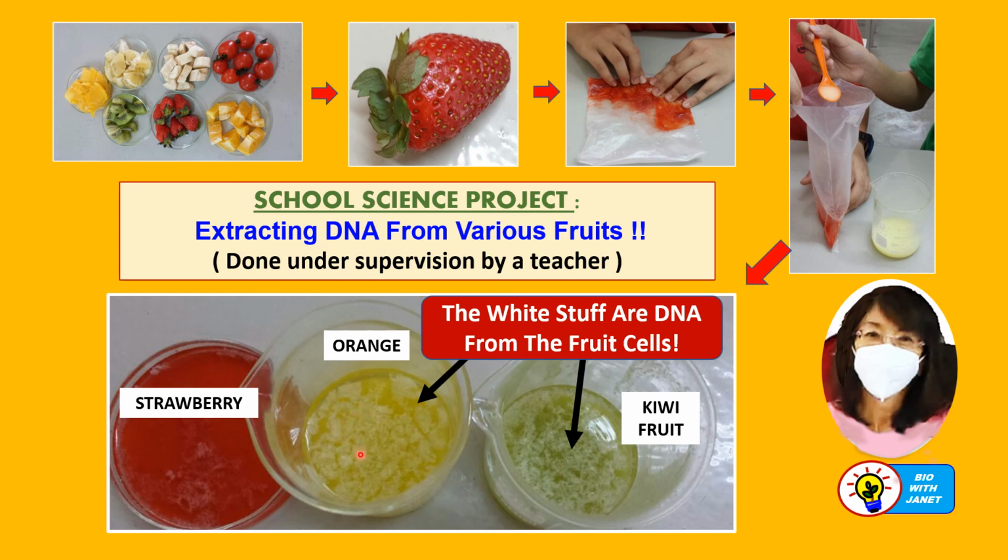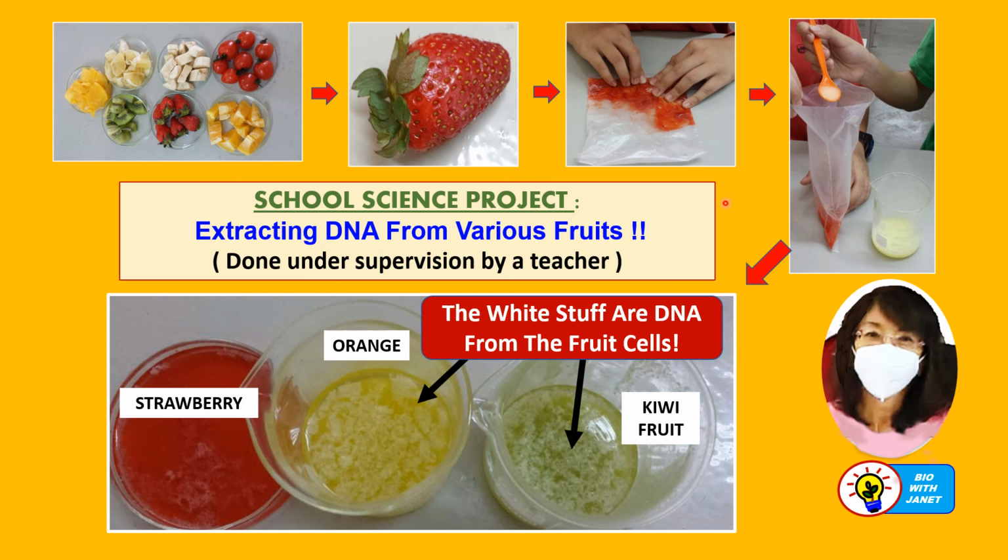All these are the DNA molecules that have clumped together. The white stuff are the DNA from the fruit cells. For example, here we can see the DNA from the strawberry cells, emerging slowly, though not complete yet. And this is from orange, and this is from kiwi fruit.